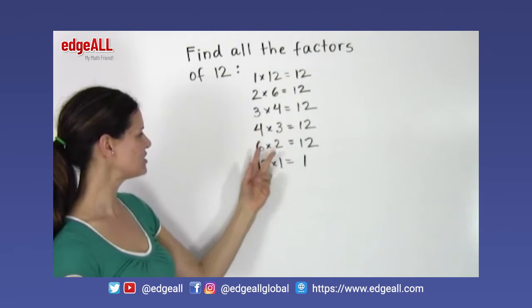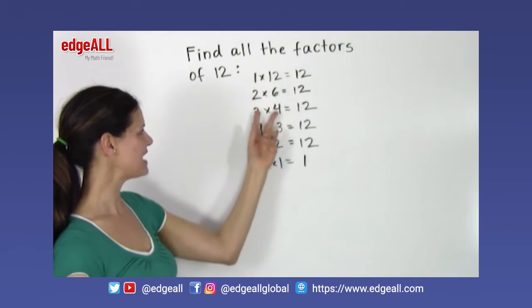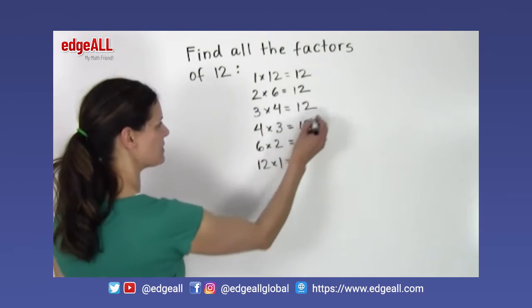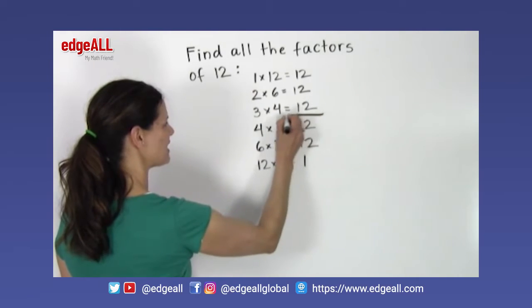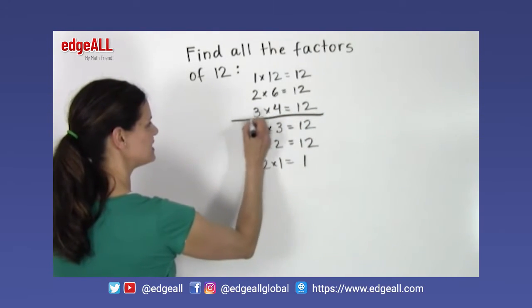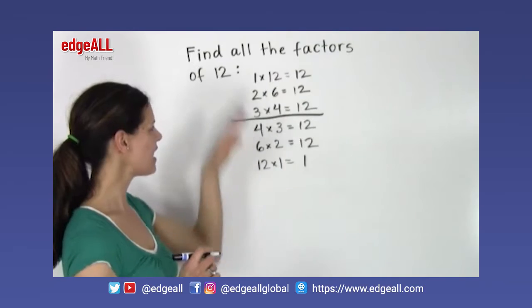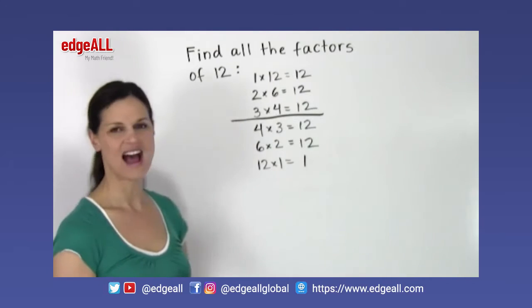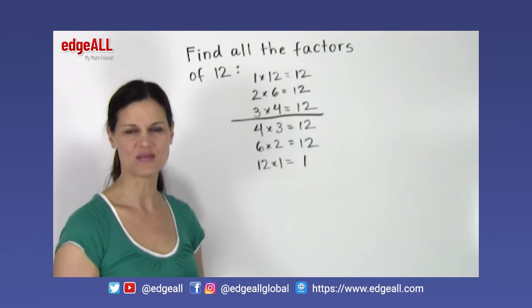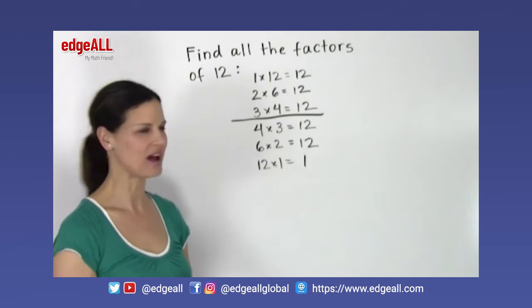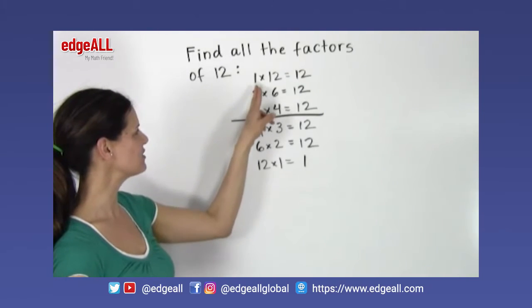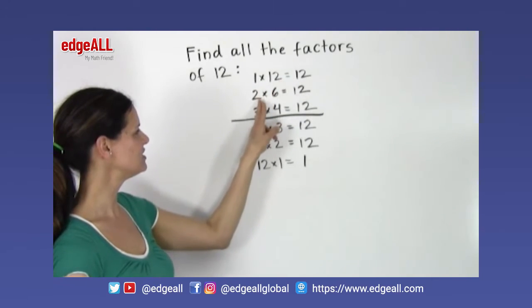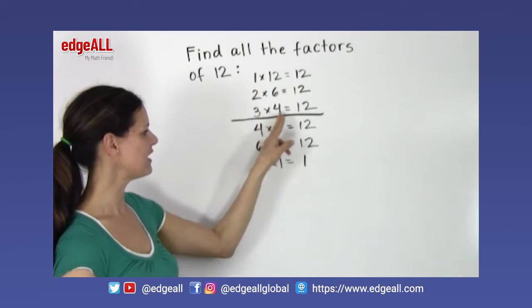So what we really want to focus on is just these three combinations of the two numbers that we can multiply together to get 12. We've got three sets of those: 1 and 12, 2 and 6, and 3 and 4.